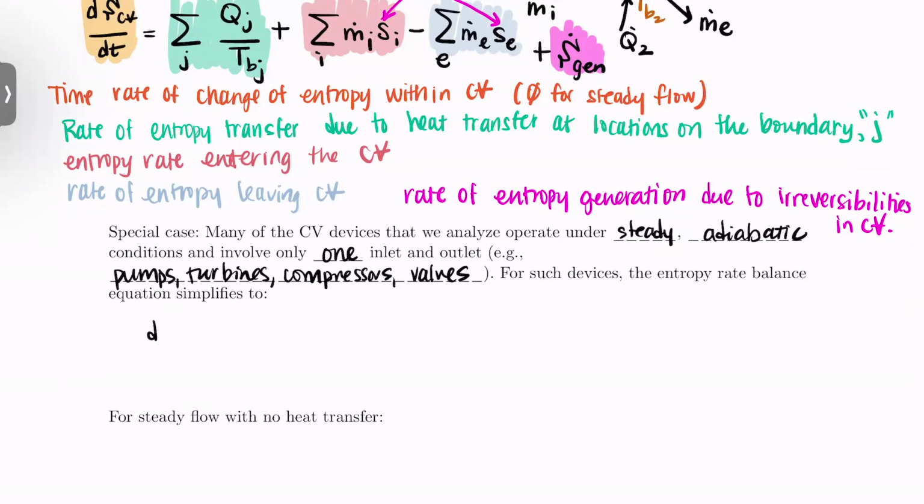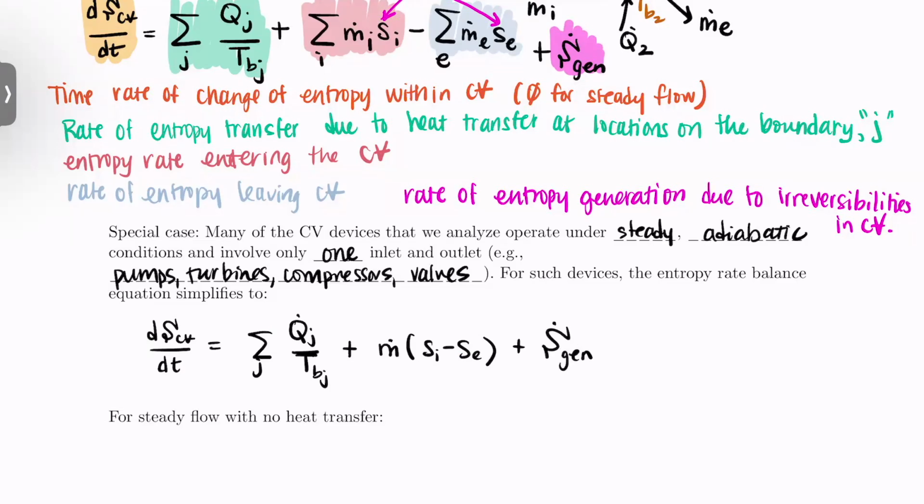substantially. So we go from this full equation, dS_CV/dt is equal to the sum over all of the boundaries, Q dot j over T, plus m dot (s_i minus s_e) plus S dot gen. All right, so if we have steady flow, that means this term goes to 0. If we have adiabatic flow, that means this term goes to 0.